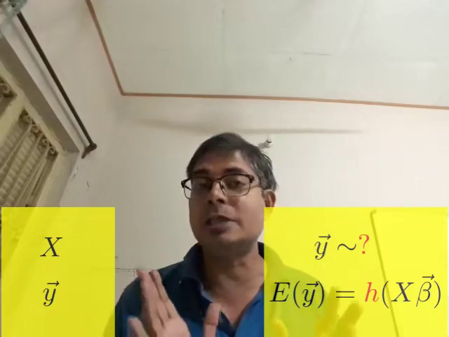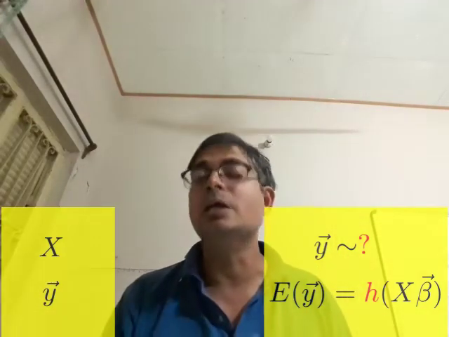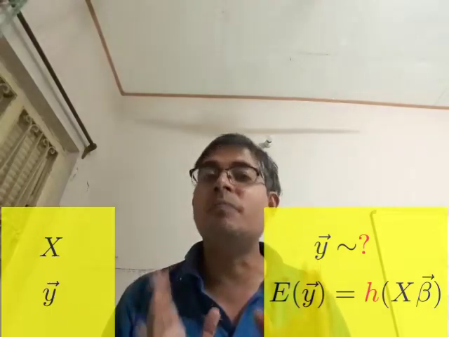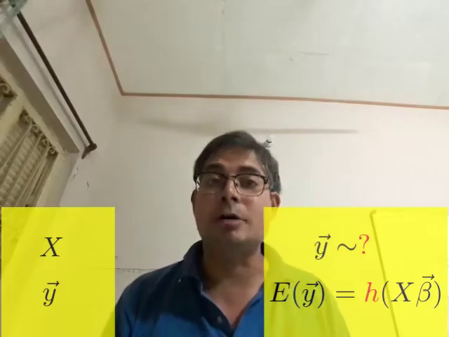So we need to understand how to specify these four pieces of information before we can fit a generalized linear model using R. So let us see how we can specify those four pieces of information to R.